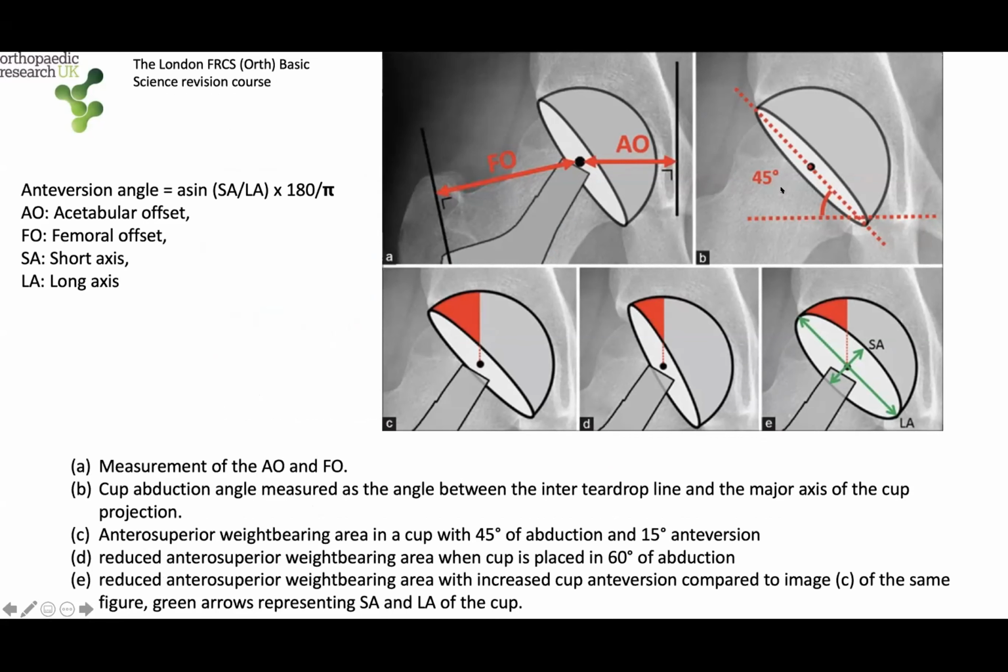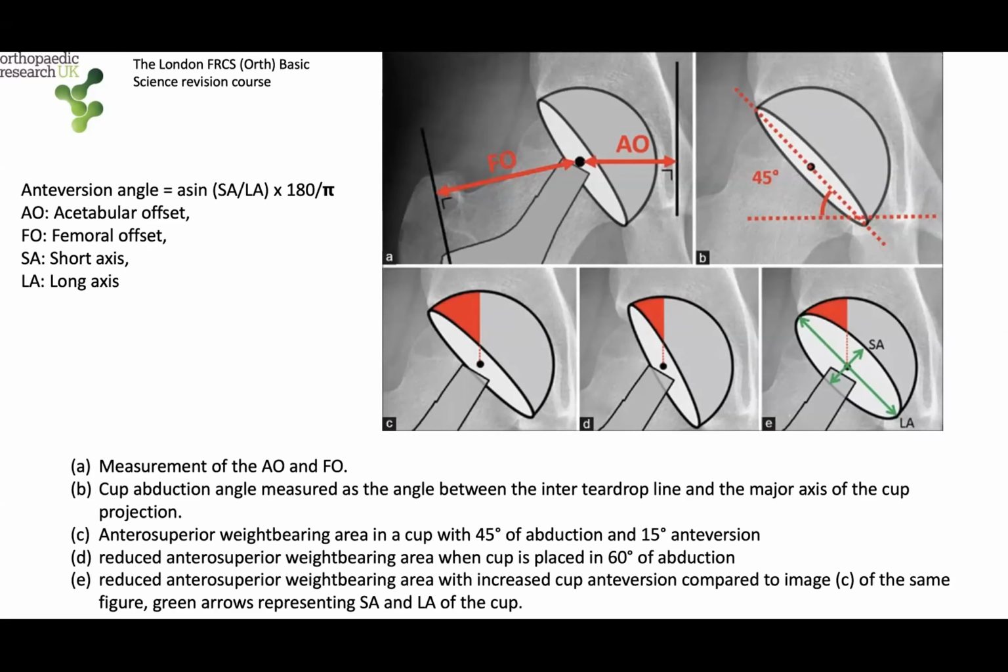So if you can see here, B, that's your 45-degree angle. So when we do a total hip replacement, we tend to, as a rule of thumb, aim for about 40 to 45 degrees of cup inclination, and we aim for about 15 or 20 degrees of anteversion.